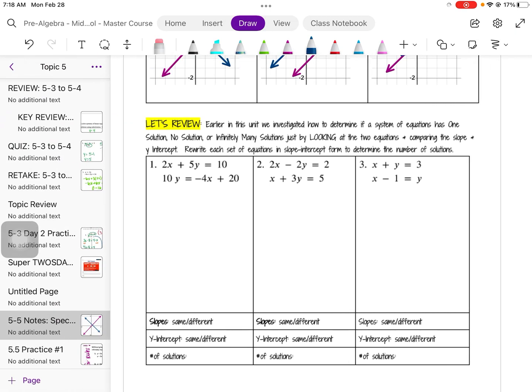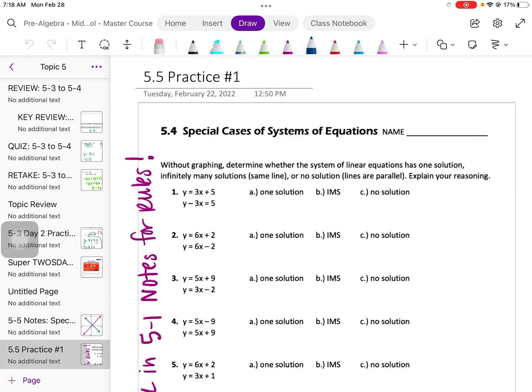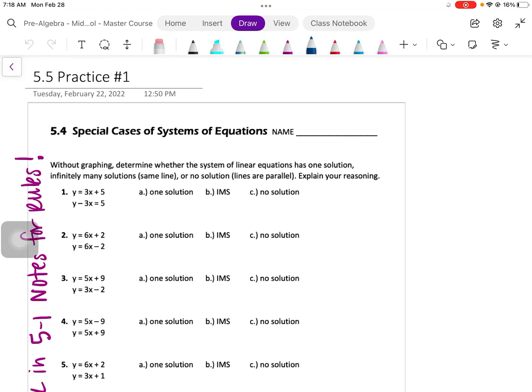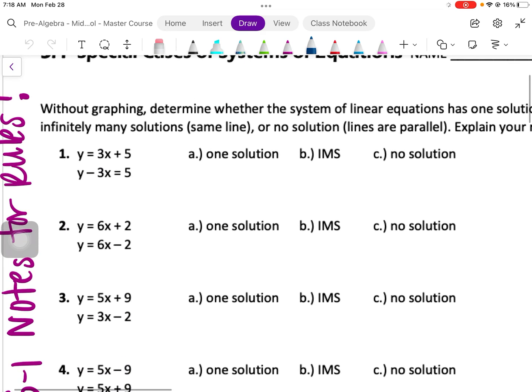So we're going to pull up, and you should have this in your OneNote as well, this worksheet called 5.5 Practice Number 1, and take a look at this. Most of these are already in slope-intercept form. I have to do a very slight tweak to the second equation in number 1. I just need to add 3x to both sides. Remember I can't combine the 3x and the 5 because they're not like terms.